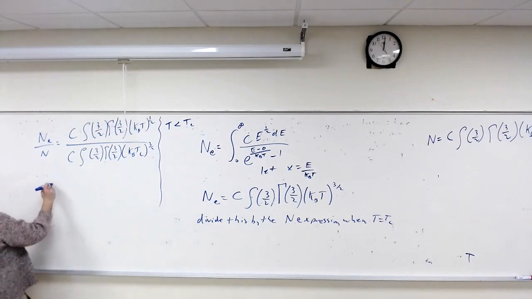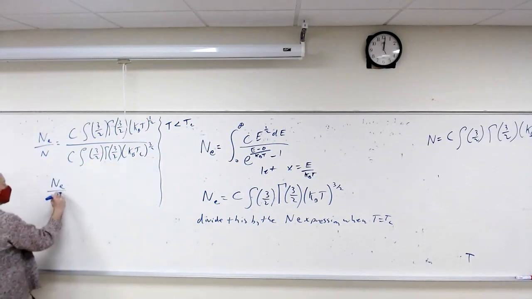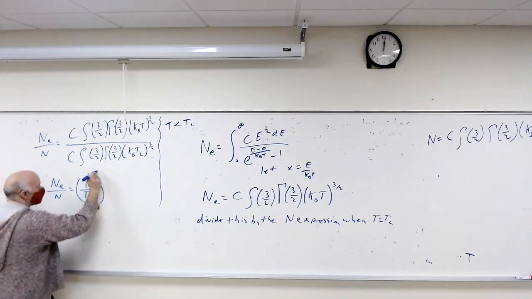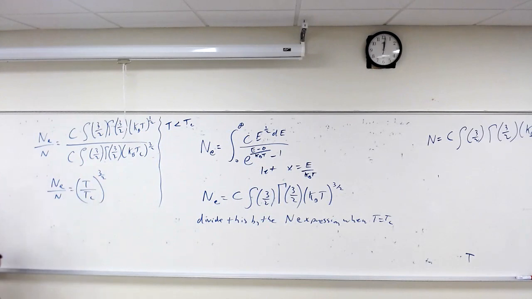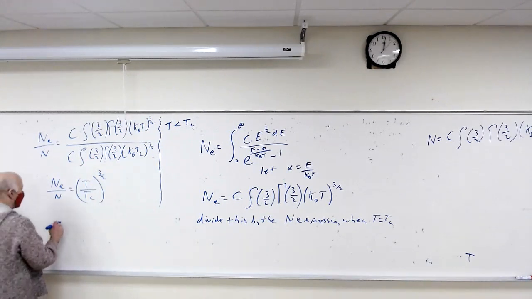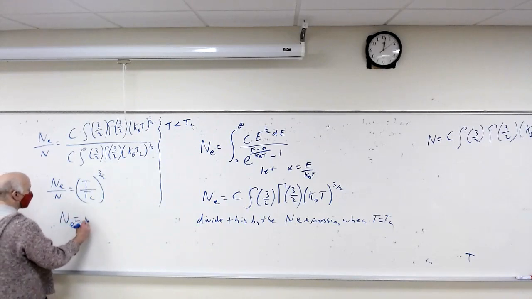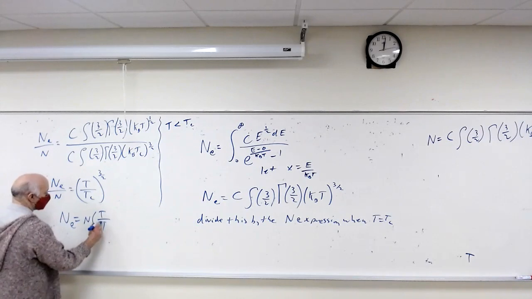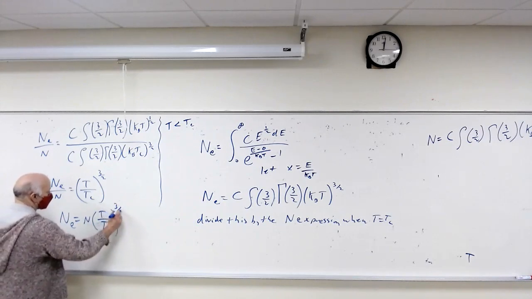So what I'm left with is ne over N equals T over Tc to the 3/2 power. Make sense?